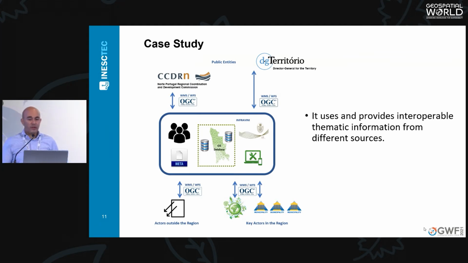One important issue is that all this interaction of data is done adopting standards, OGC standards. So we don't have a copy of the information. The information stays where it's produced and where it is maintained.